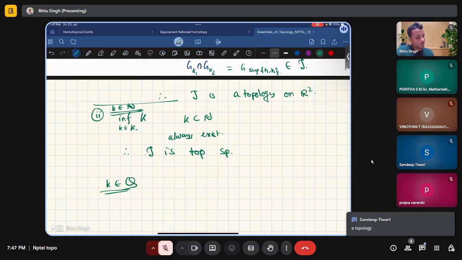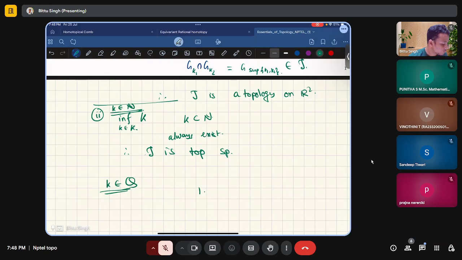Yes, this is not a topology. So for example, you know that this kind of limit: what is this limit? (1 plus 1 by n) to the power n.